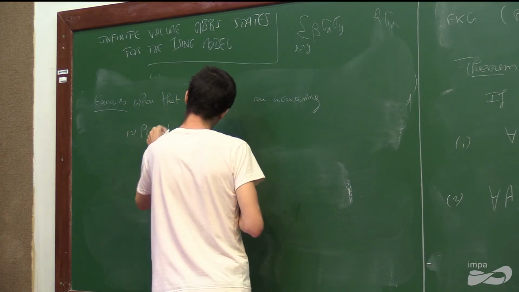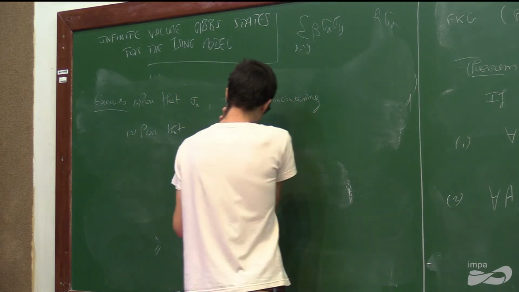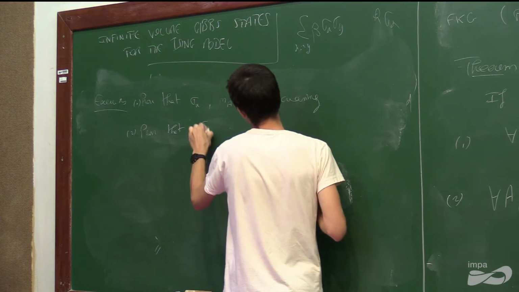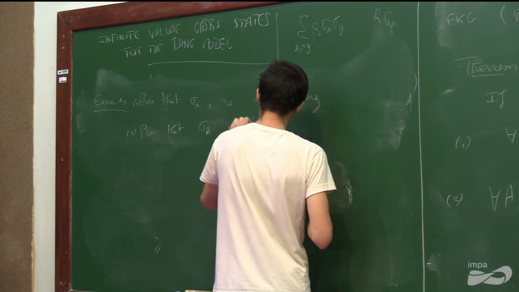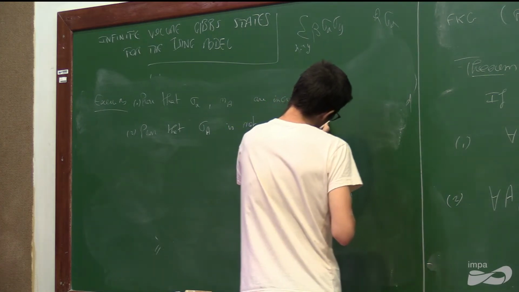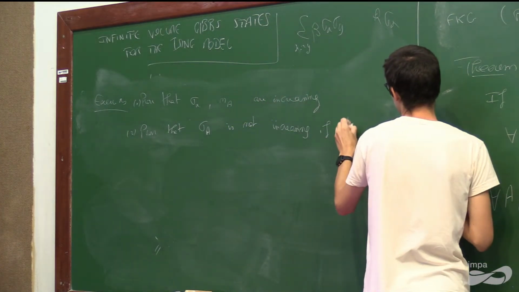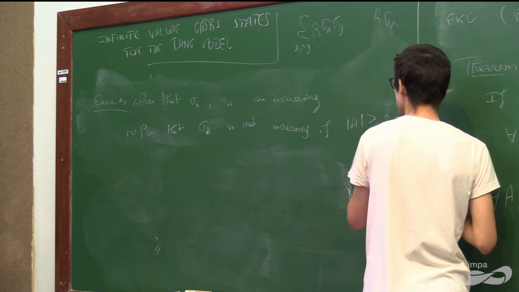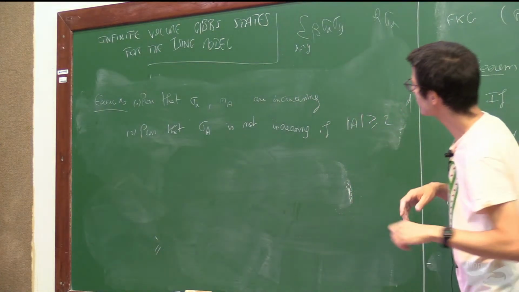Prove that sigma a is not increasing if a is larger than 2, the cardinality of a is larger than 2.